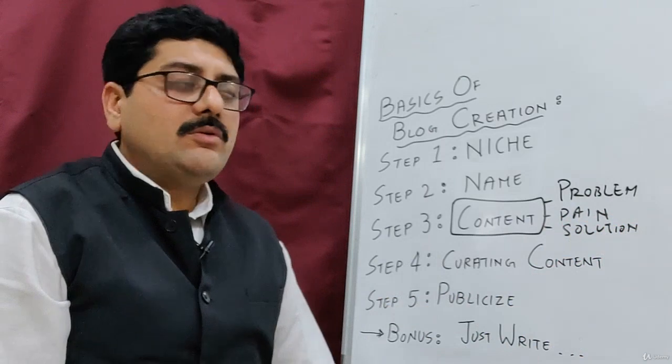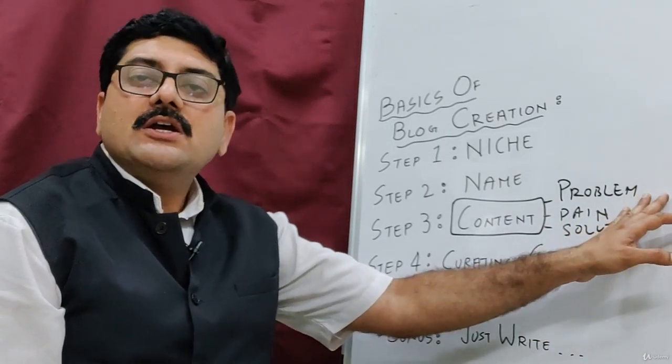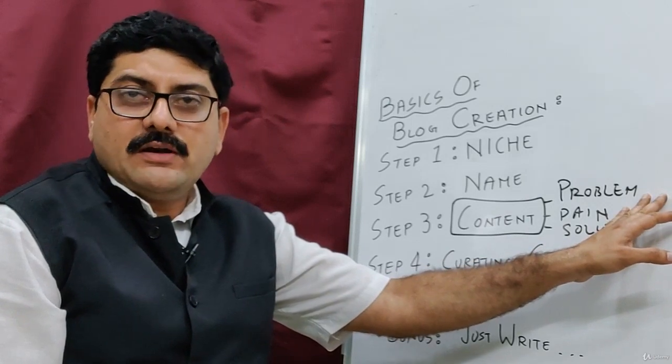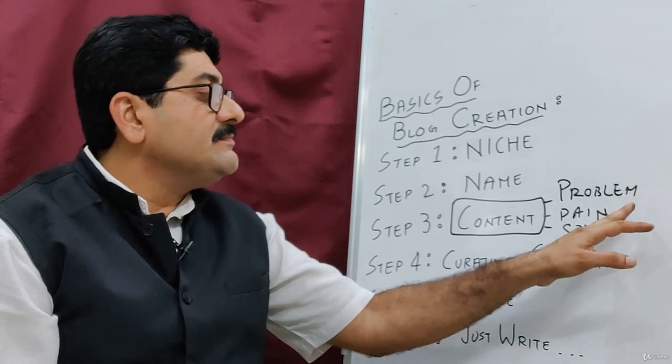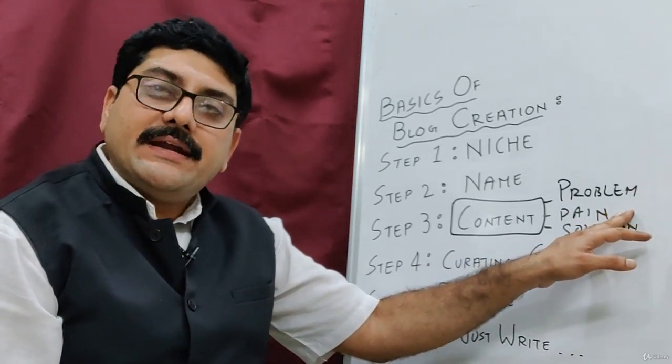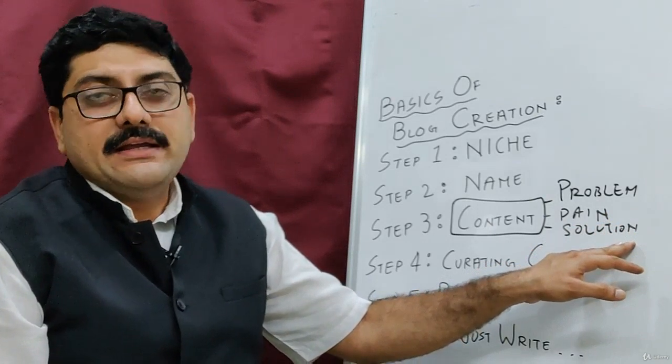So you can follow this simple formula where first you project the problem on which you are writing about, why you are writing this blog, that will be said in the problem. Second will be the pain of not getting that information, and third will be the solution by you giving the information.